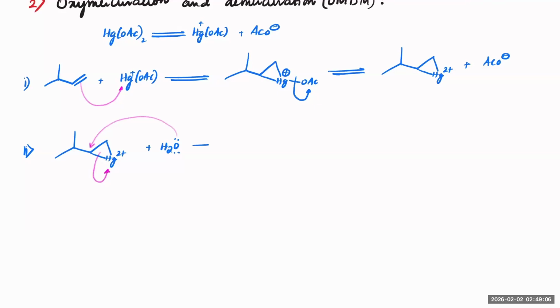So as it happens here, you will see that water has attached here, OH2 plus, and mercury is present here as Hg plus. And from here, H plus is being lost and we will get mercury Hg plus and here we'll get OH. This is the next intermediate which you get. Up to the first two steps, it is oxymercuration.